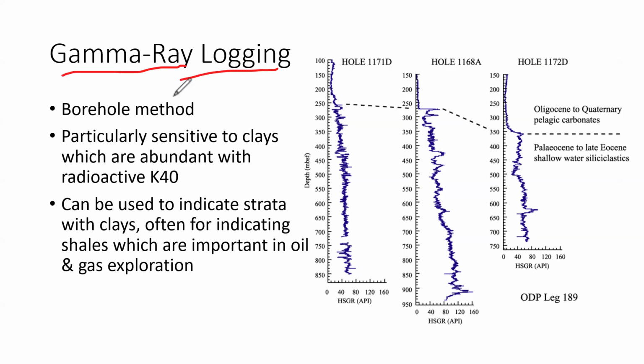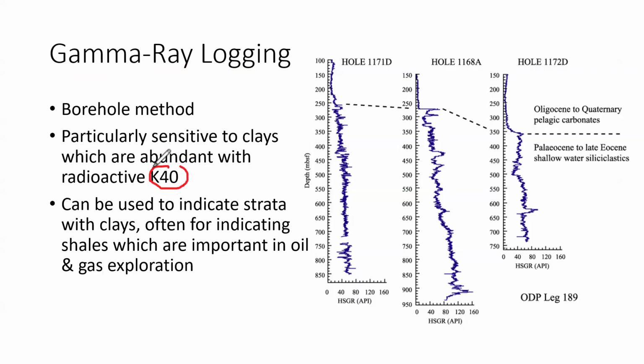What they do here, I think, is simply measure the intensity of the gamma rays with respect to potassium radioactivity. So this one is focused on potassium-40 radiation, which in turn is potassium.